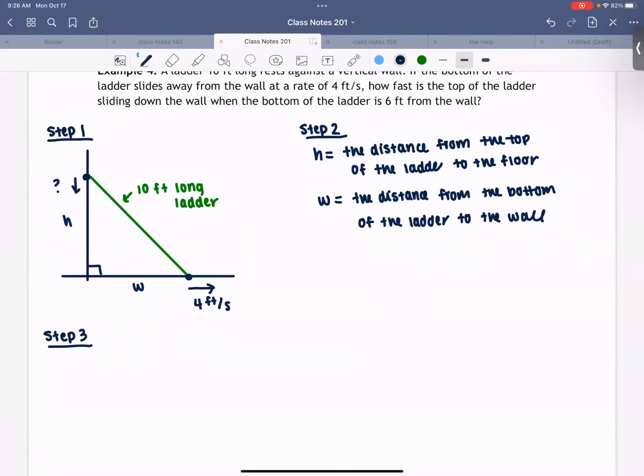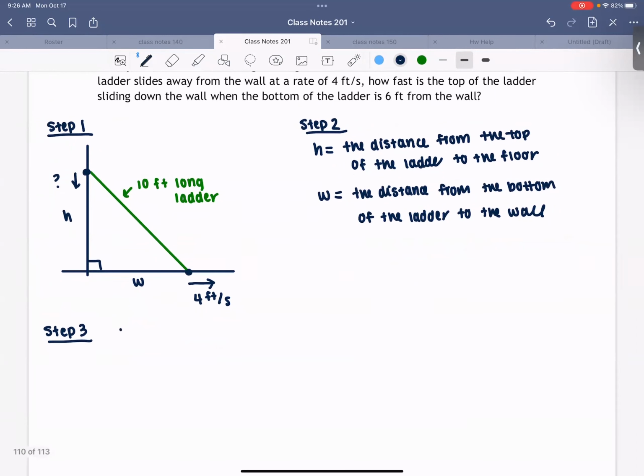Okay, so step 3, we have to figure out what we're given and what we want to find. Let's start with what we're given here. Based on my diagram, it seems like we're given how fast the width is changing, right? So I know dw over dt, and I know it's going to be 4 feet per second.